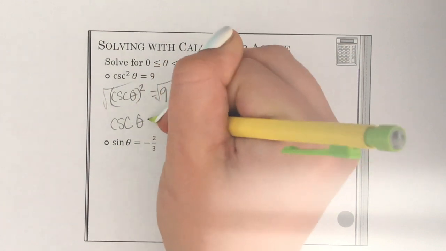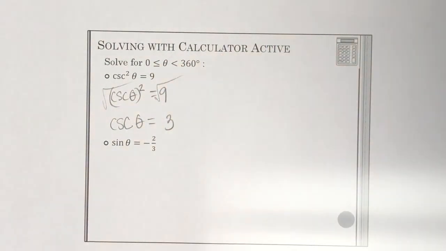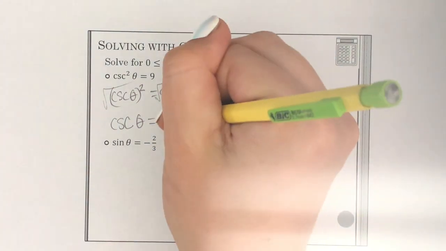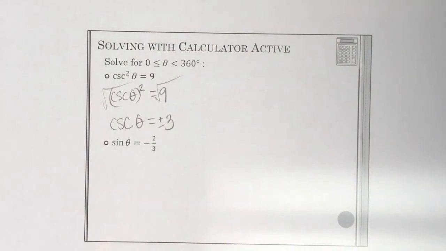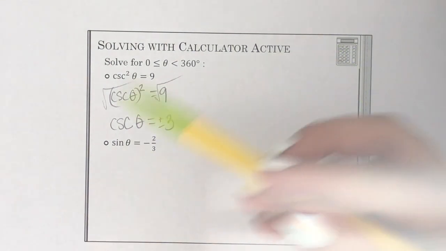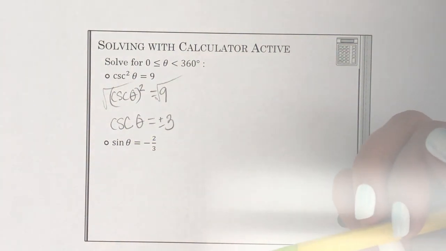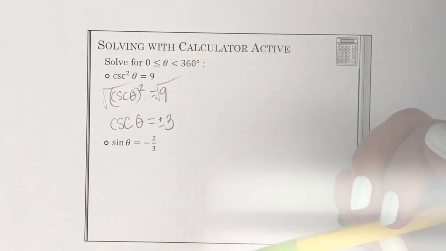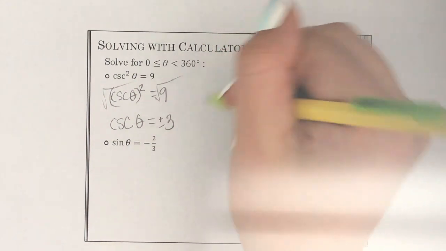Cosecant theta equals, now I just made a mistake. What mistake did I make? I need to add in a plus or a minus. My calculator doesn't even have a cosecant button, so what do I do about that? I'm going to change cosecant to sine.